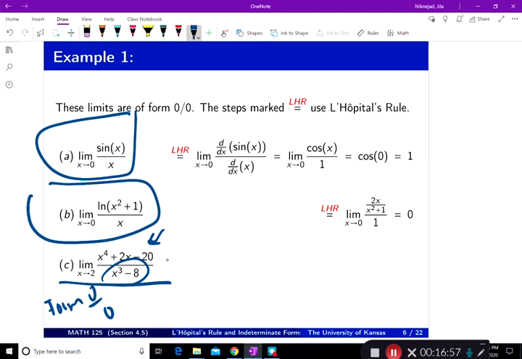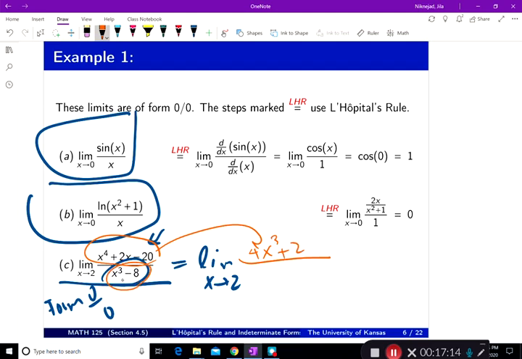And so let's use L'Hopital rule. Again, limit as x approaches 2 is the same. Then you have to take the derivative of the numerator, put it in here, which is going to be 4x to the third plus 2, and the derivative of the denominator, which is 3x squared.